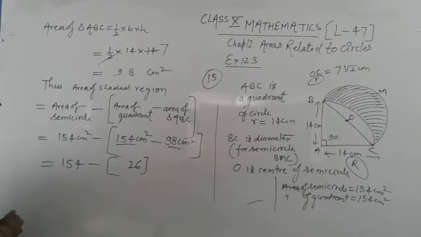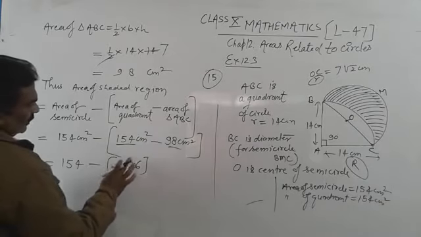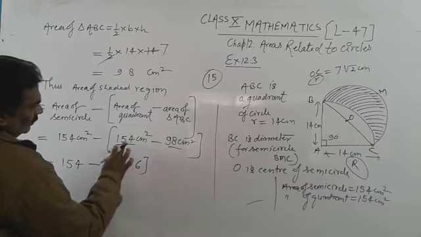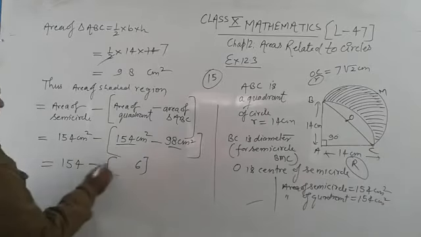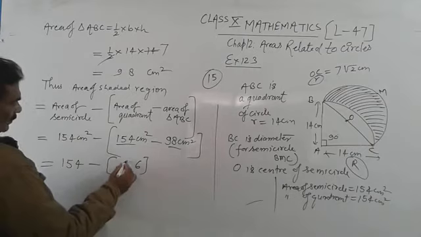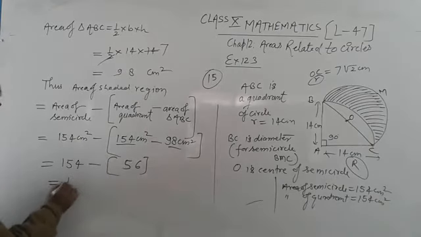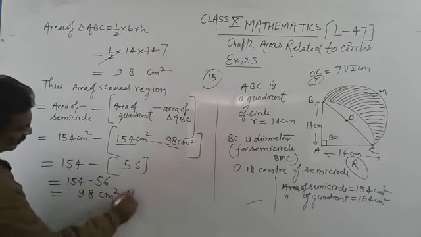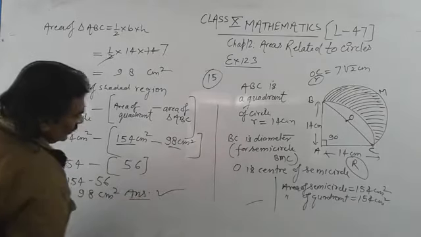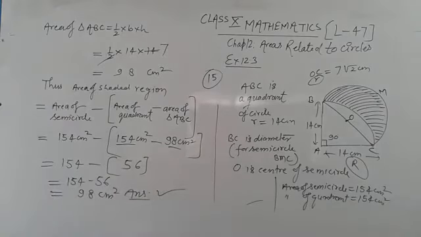I think this is wrong. 14 minus 9 is 5, 56. So we can write here 154 minus 56, and that is 98 centimeter square, is the answer. Okay students, so this is the final answer, and an important question.